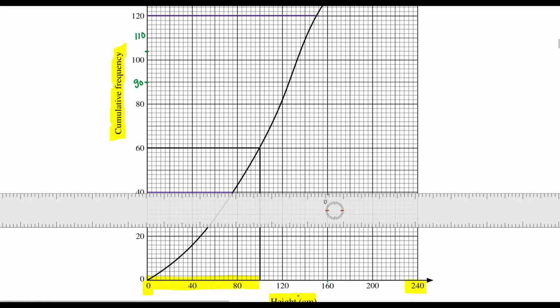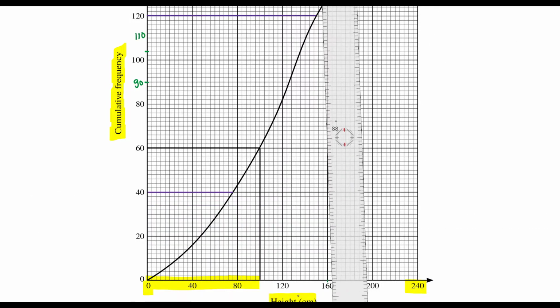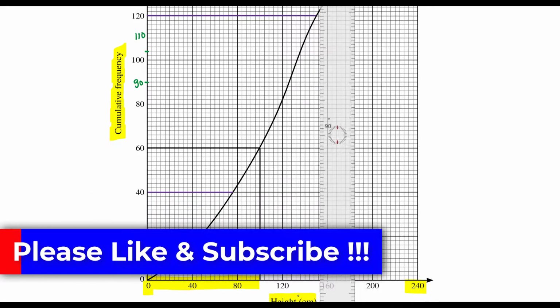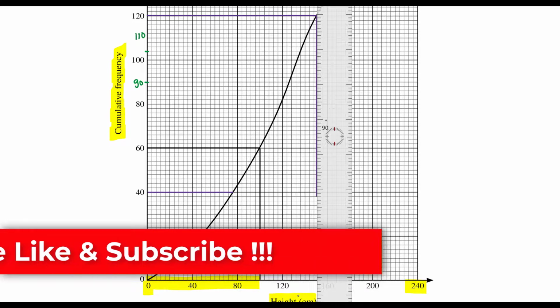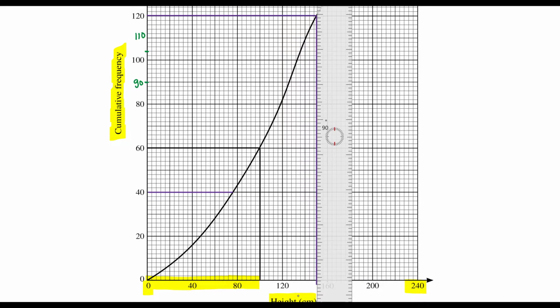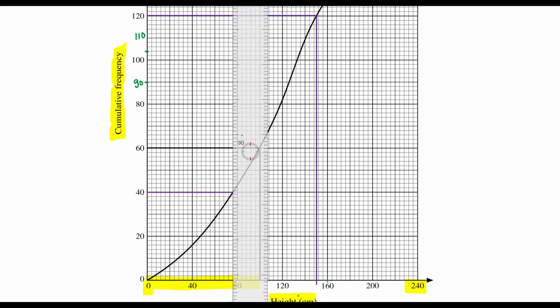So this is another value. Now corresponding to 120, we'll see what value we get here, and corresponding to 40, it is this value.